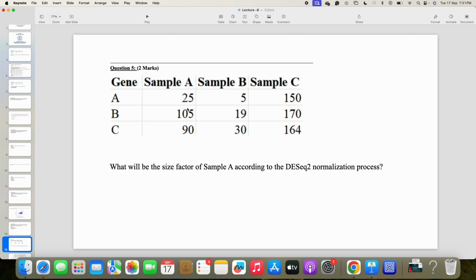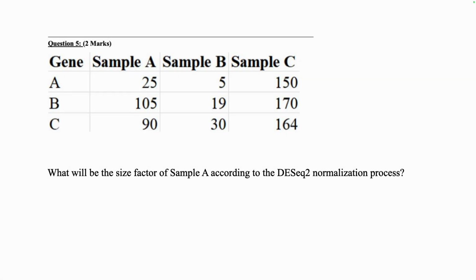So we calculated the pseudo reference count. First calculate the pseudo reference count for this, and then you have to calculate the size factor.